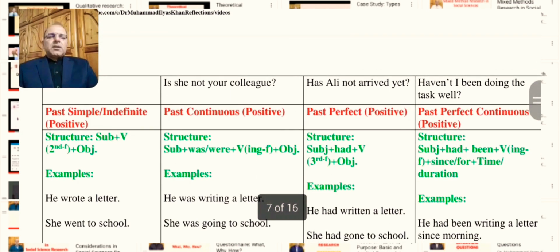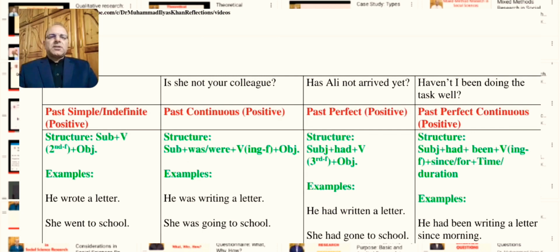Now, the past tense. Similar to the four types of the present tense, we have the four types of the past tense here: the past indefinite, the past continuous, the past perfect, and the past perfect continuous tense.